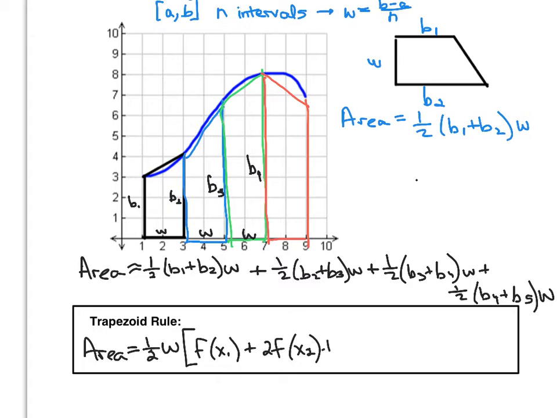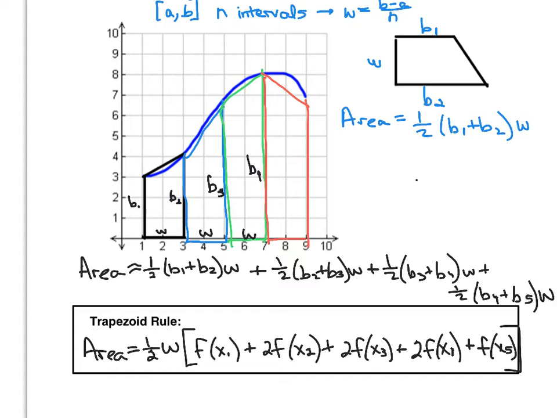I'm using b3 twice, so I'm going to say 2 f of x3. And so on until I get to 2 f of x4. And the last one, the function value at x5, is only used once because it was only a side on the last trapezoid. So this is how I can represent the sum of my trapezoids by combining like terms.